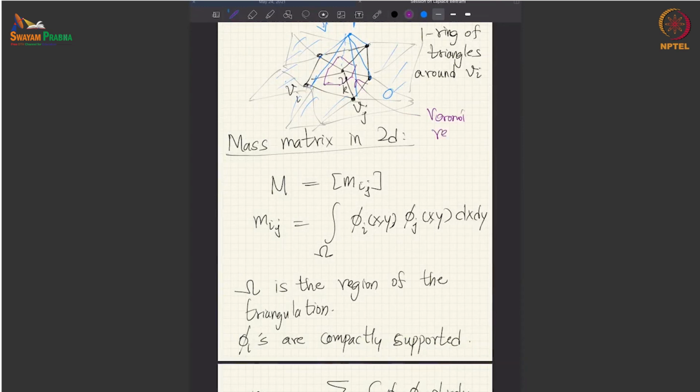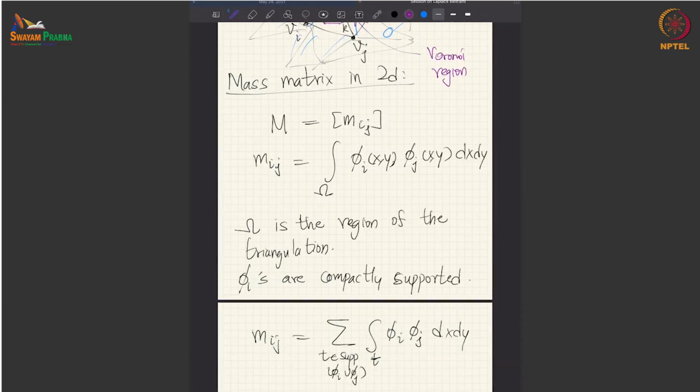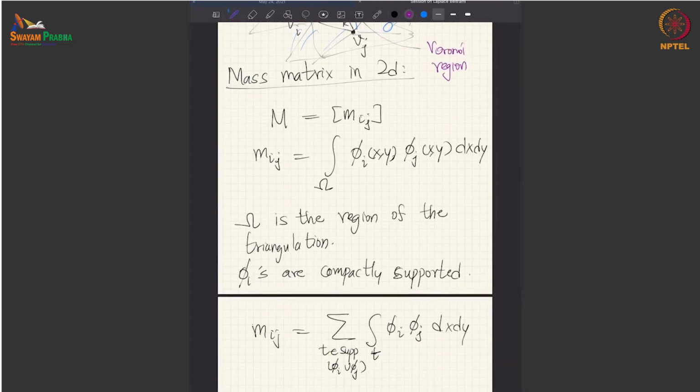Or you could use the barycenters of the triangles and write down an approximation for this integral. Again, there are some references to all of this coming up in the slides, but the true blooded mass matrix is this object.